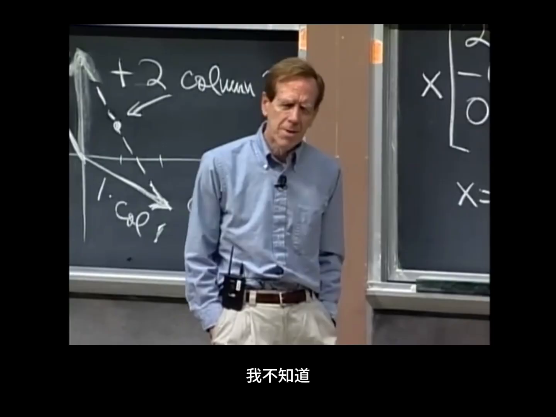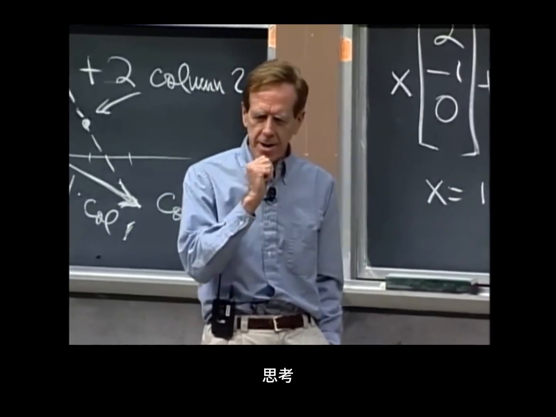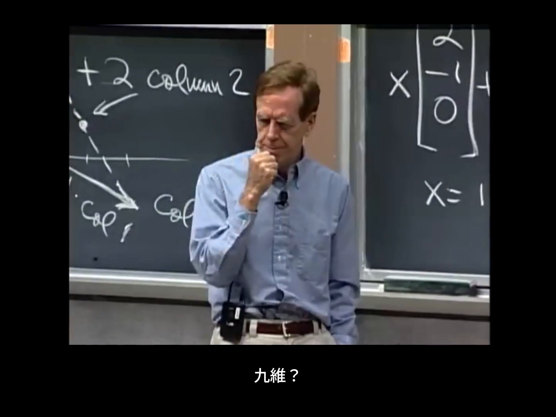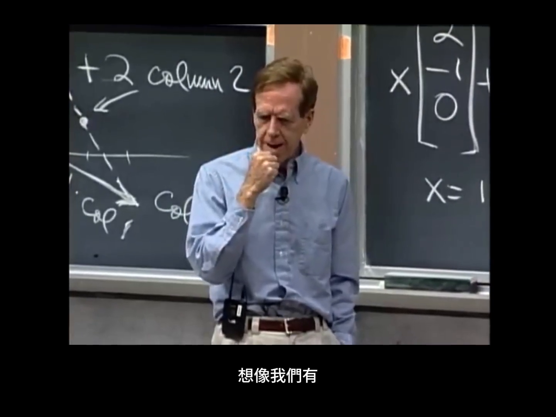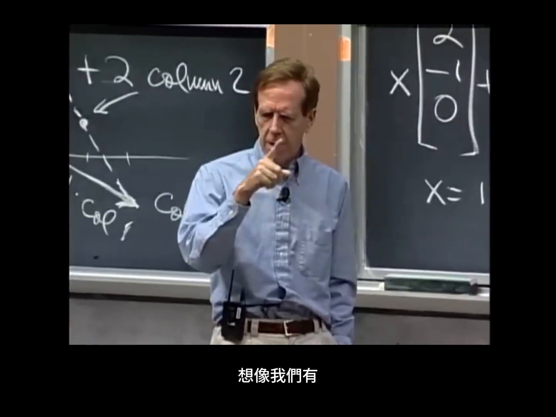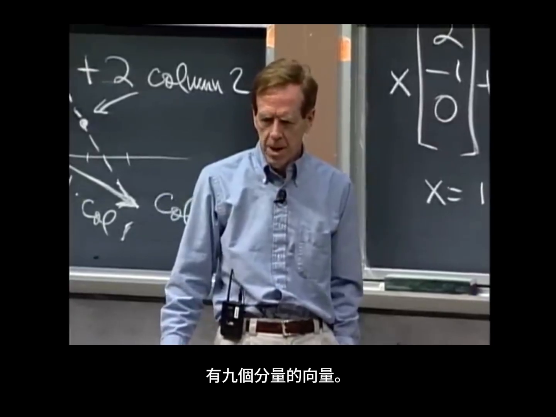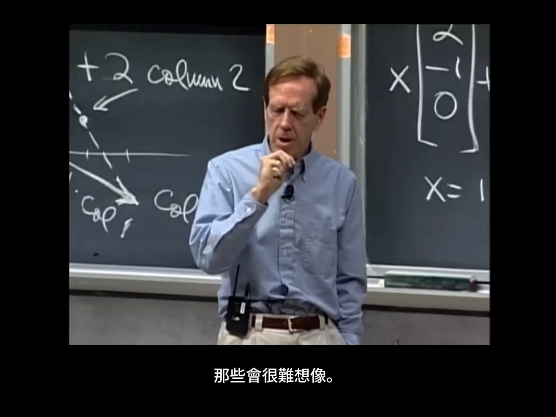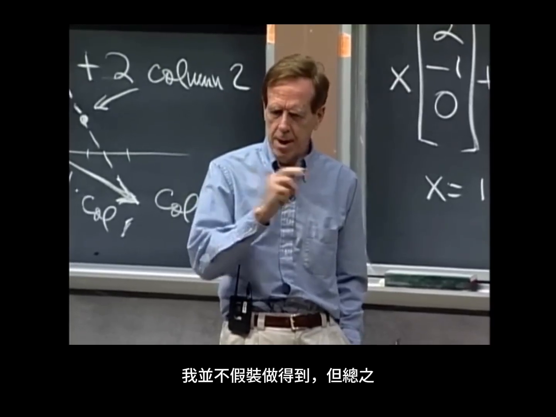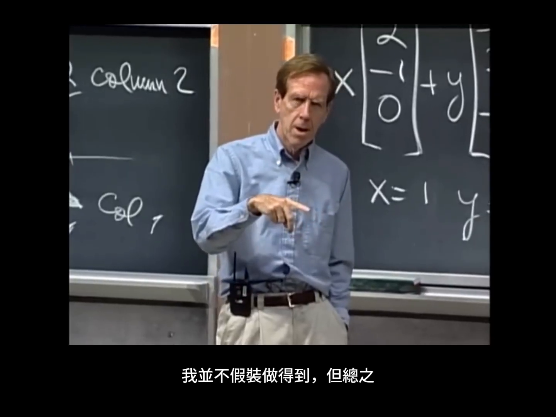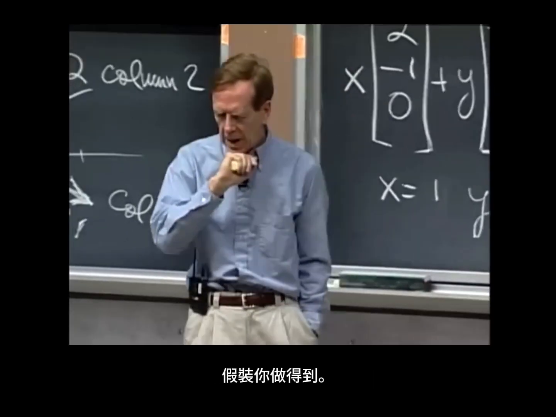Shall we take just a little shot at thinking about 9 dimensions? Imagine that we have vectors with 9 components. Well, it's going to be hard to visualize those. I don't pretend to do it. But somehow, pretend you do.